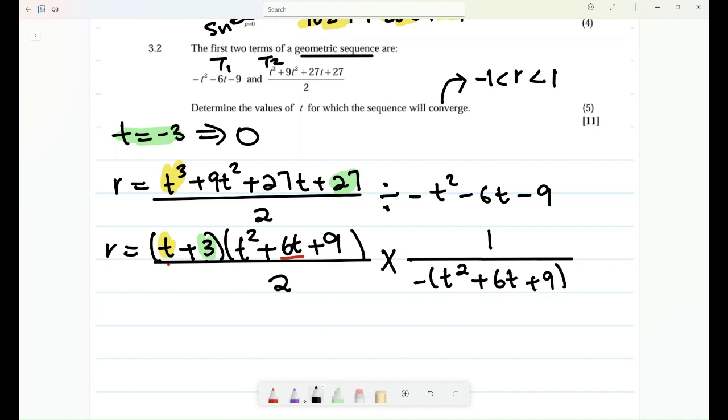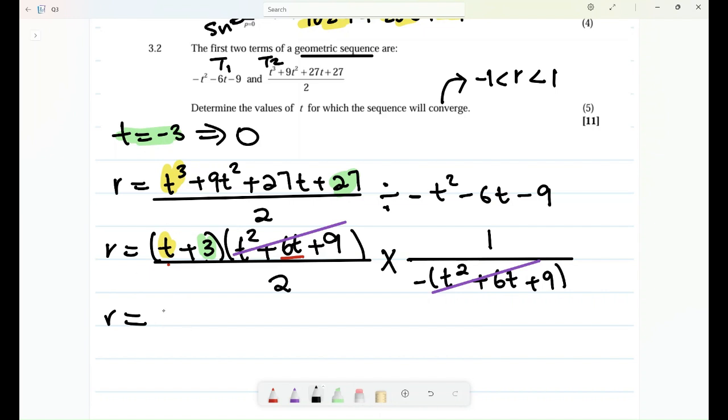So if that's the case, I can now say this term can cancel out this term. But remember, this negative is left out, right? So I'm going to have, I'm going slow because I know some people need the basics of this.